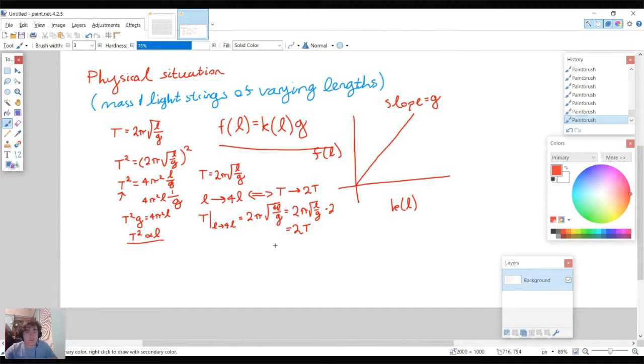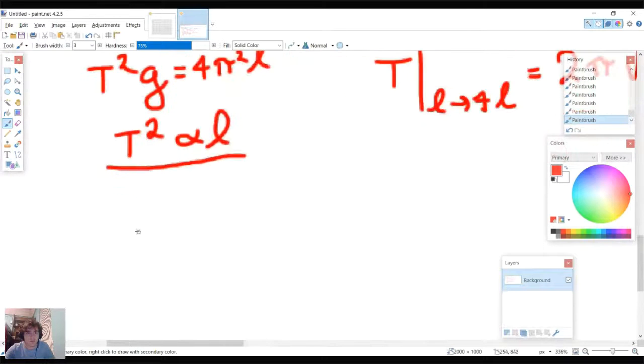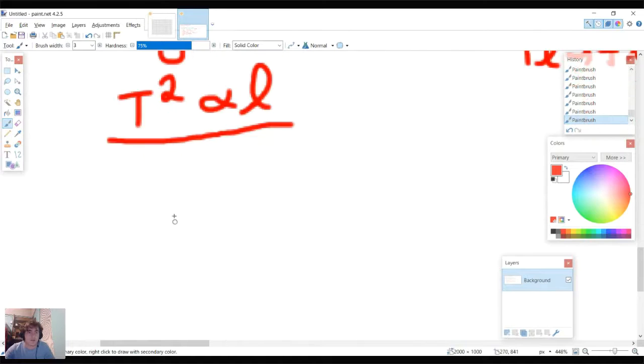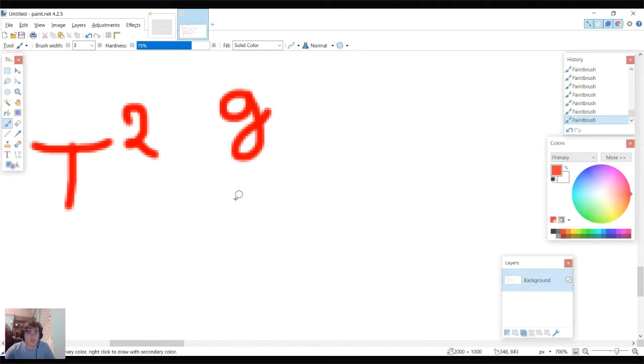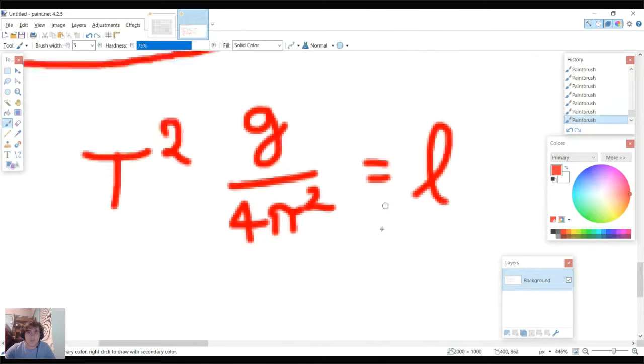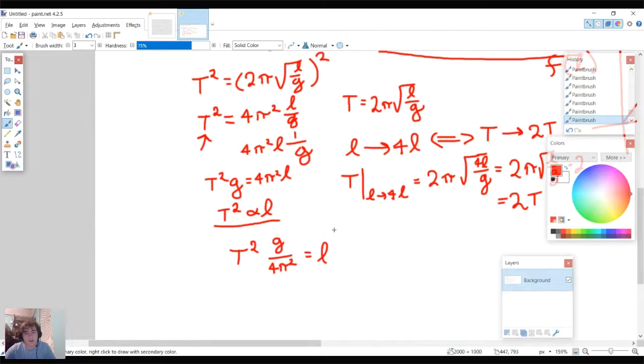So the physical situation here is that we have this expression. We'll get the constants on one side. So we have t squared times g over 4 pi squared is equal to L. And we can take some data on that.